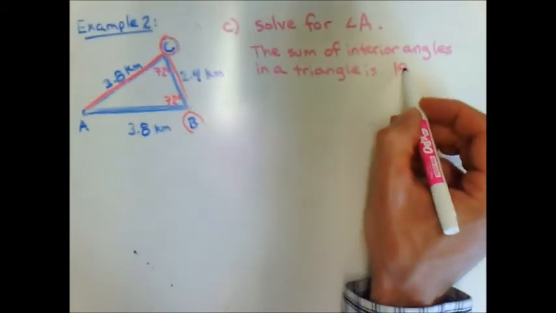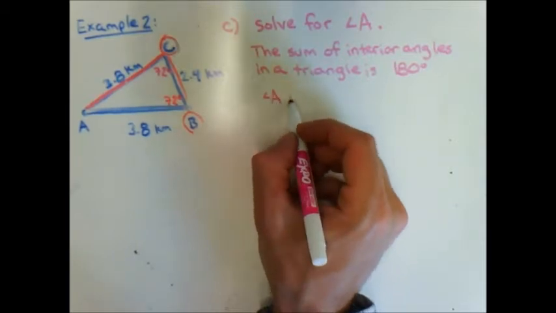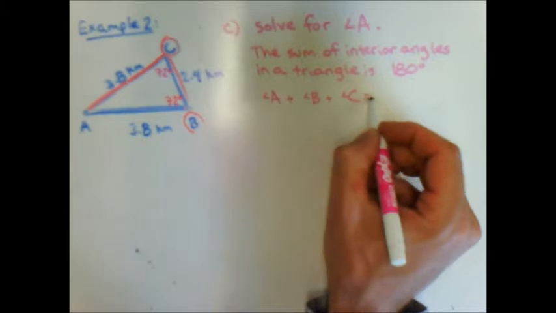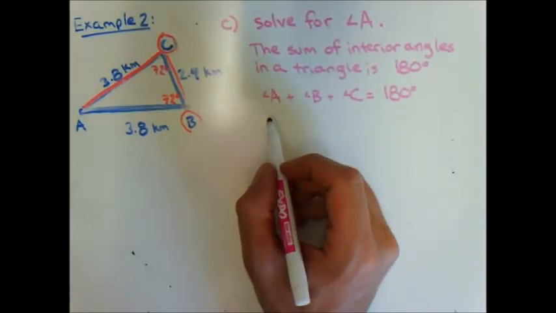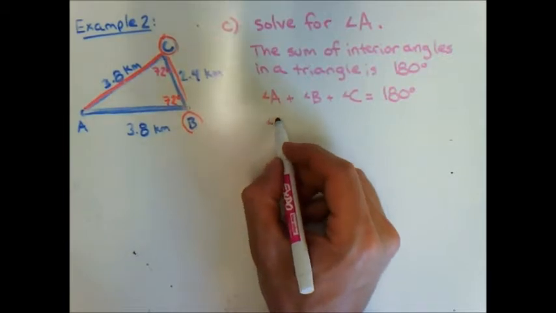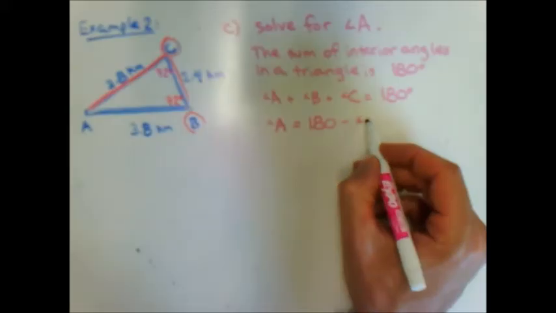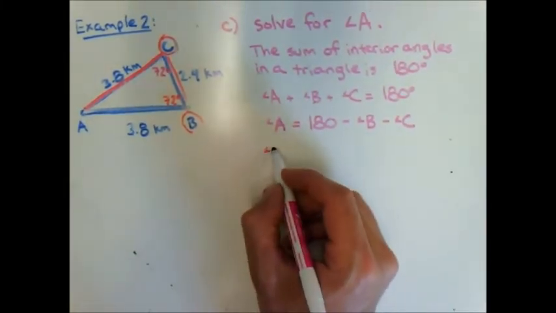is 180 degrees. So, angle A plus angle B plus angle C should equal 180 degrees, which means angle A is equal to 180 minus angle B minus angle C. Sub in what we know.